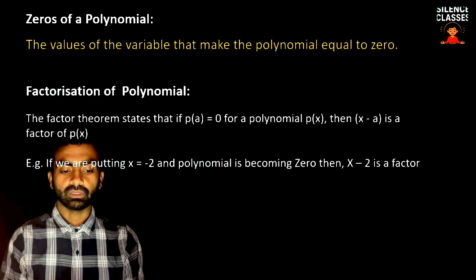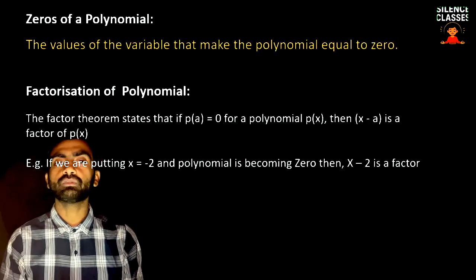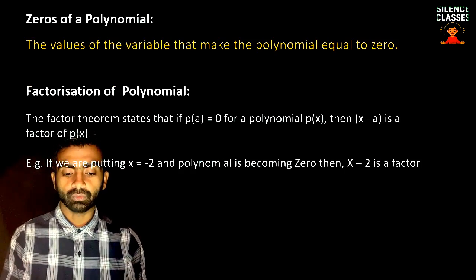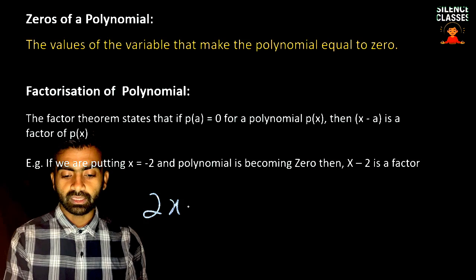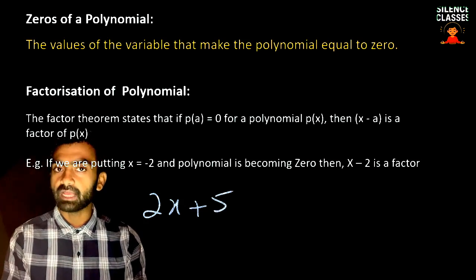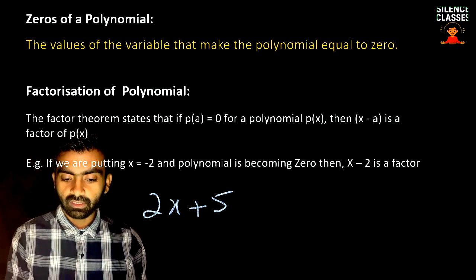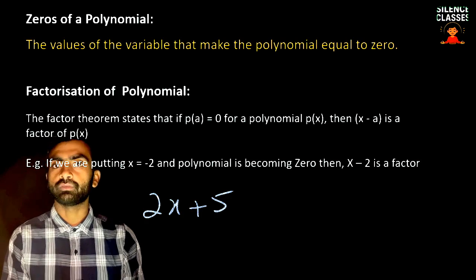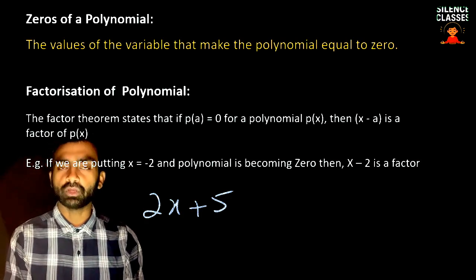Now let's move to the next part. What are the zeros of the polynomial? If the polynomial given to us is 2x plus 5, we have to find which type of polynomial it is. It is a linear polynomial. And if I talk about it on the basis of terms, which type of polynomial is it?